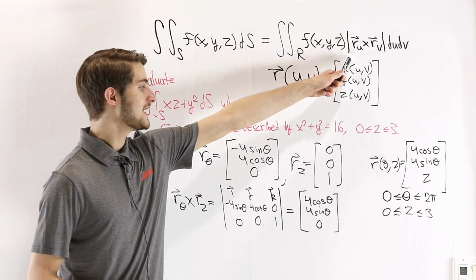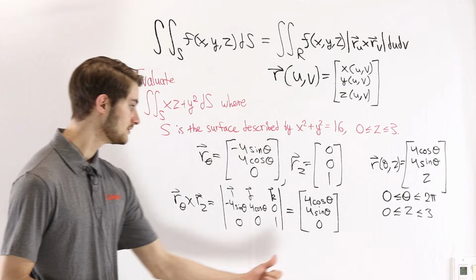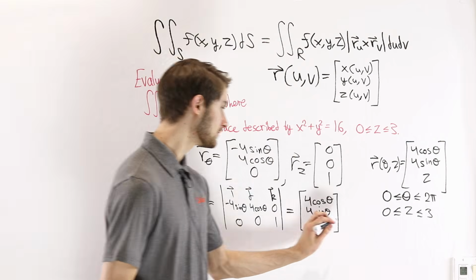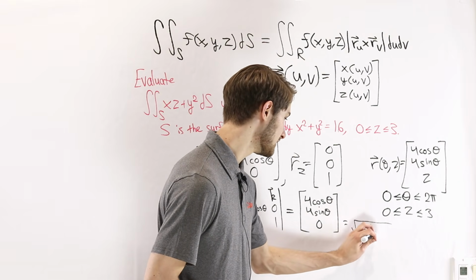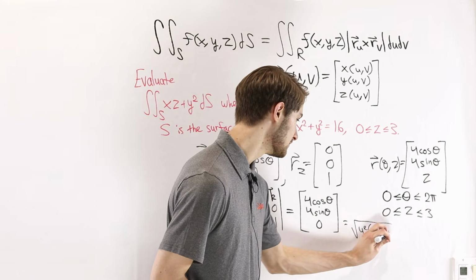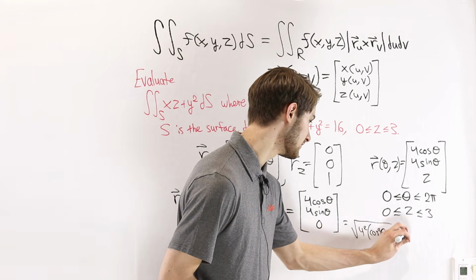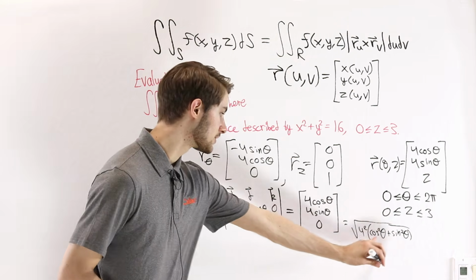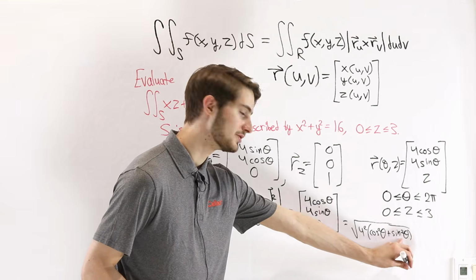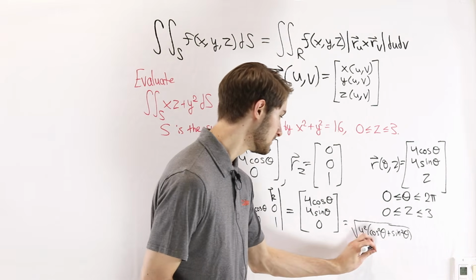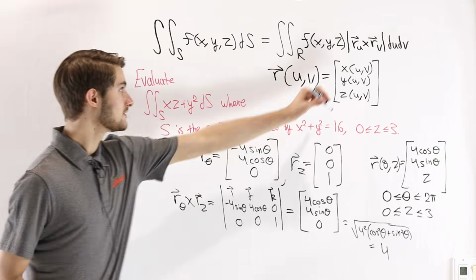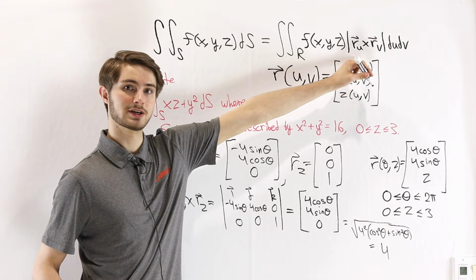Our goal is to get the magnitude of this vector. So if we take the magnitude here, what we're going to get is the square root of 4 squared times cosine squared theta plus sine squared theta. And here cosine squared theta plus sine squared theta is just 1. So we have the square root of 4 squared, which gives us 4. That's the magnitude of this cross product.